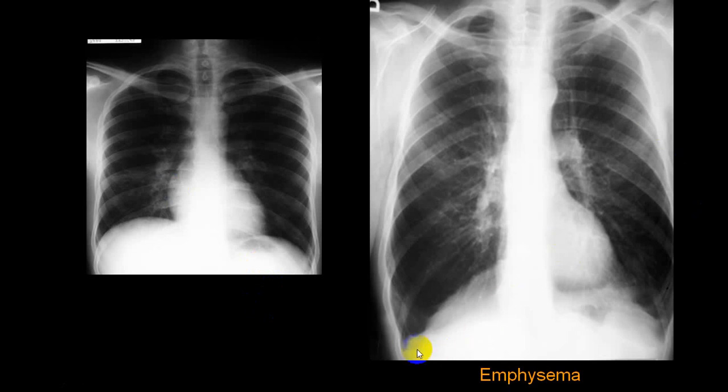And if you look in this, see this dome of diaphragm. This is pushed down. If you count the posterior ribs, this is first, second, third, 4, 5, 6, 7, 8, 9, 10. And almost both domes of diaphragm are at equal level. So this is emphysema.